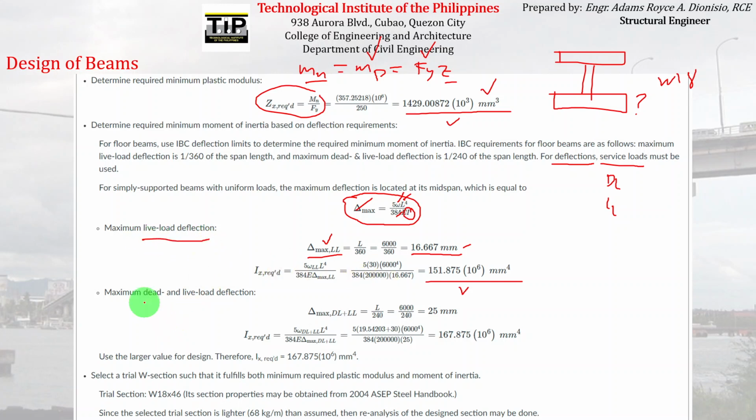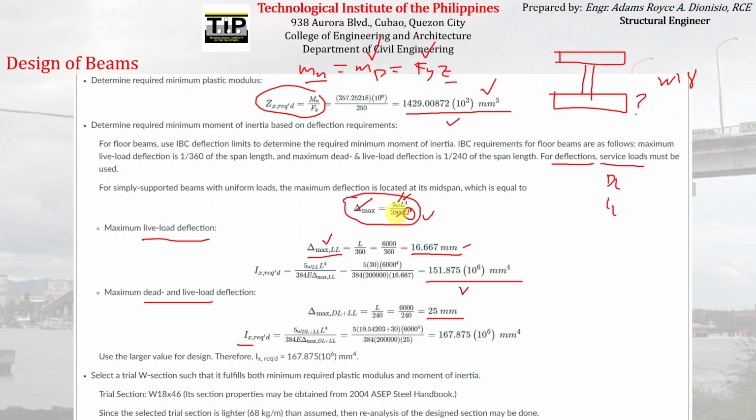For the combination of dead and live load, the deflection that they will induce together, according to the code, must not exceed L over 240, which is equal to 25 mm. So we have to find a moment of inertia that will produce a deflection equal to or less than 25 mm.